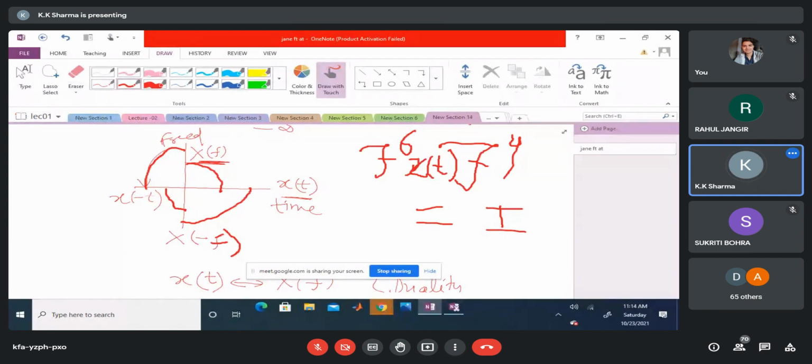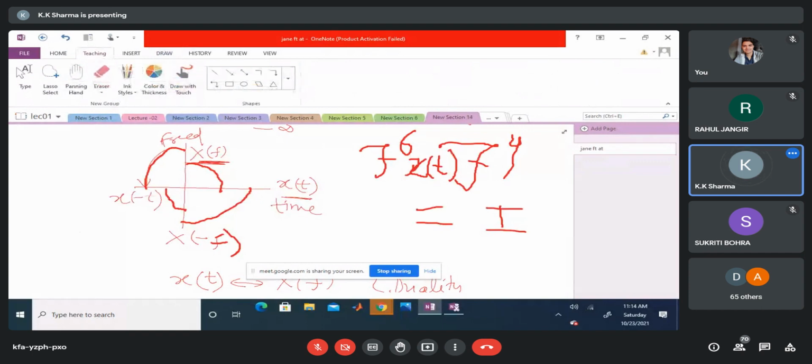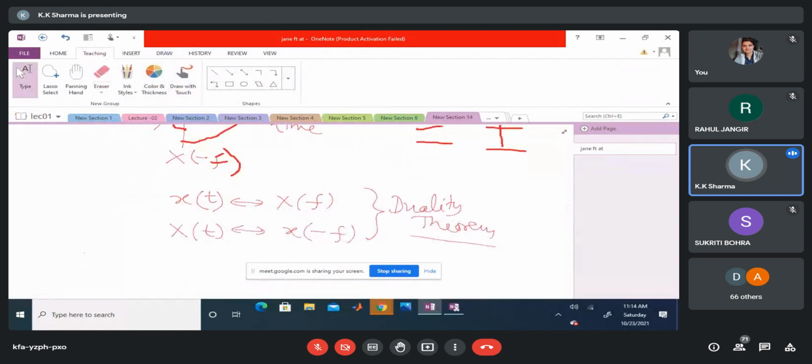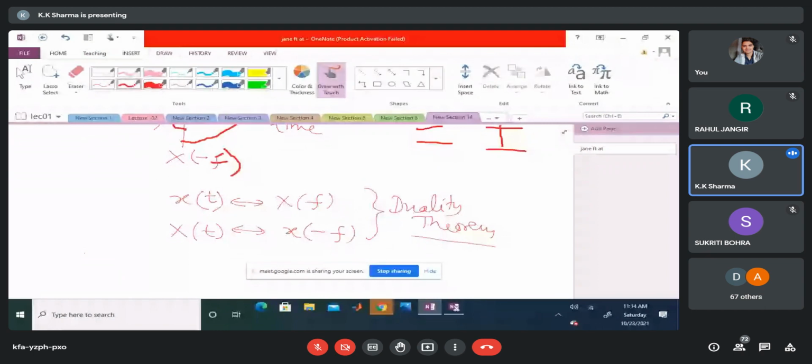The same thing is written in the form of a theorem called the duality theorem. The transform domain signal is denoted by capital letters and the time domain signal is represented by small letters. Is that clear?